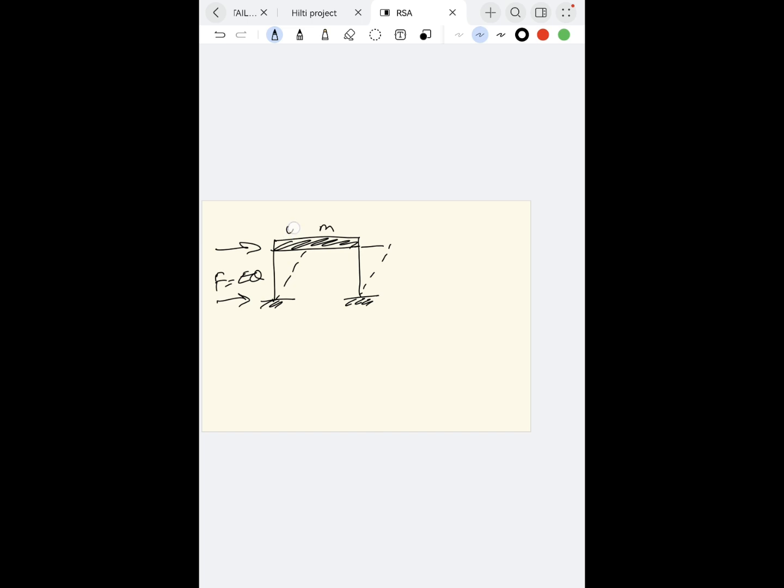This is called the relative displacement.